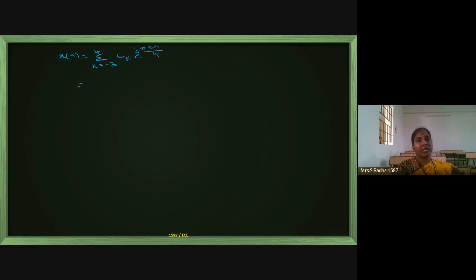I have to expand. When I put k equal to minus 3, it becomes c minus 3 e power minus j pi 3n by 4, and then if I put minus 2, c minus 2 e power minus j pi 2n by 4, and then c minus 1 e power minus j pi n divided by 4.